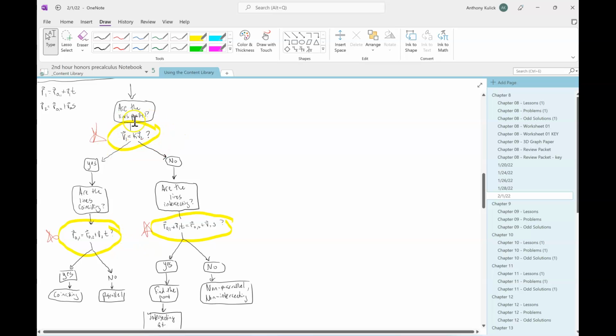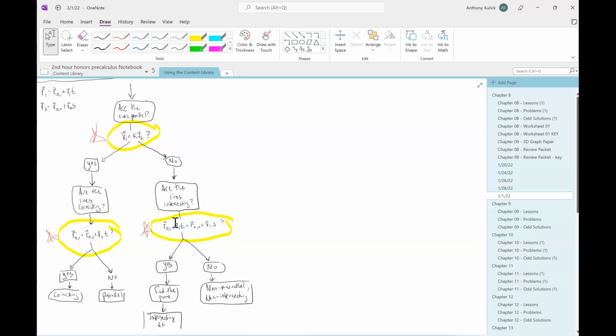Okay. If we found the 2 slopes were not scalar multiples, we need to check to see if the 2 lines are intersecting. So basically, we just set the 2 lines equal to each other. That's going to result in a system of equations that we need to solve. We have to be careful, because we have 3 equations but 2 variables. So when you make your system, you're only going to pick 2 of the 3 equations, and you'll solve that system.